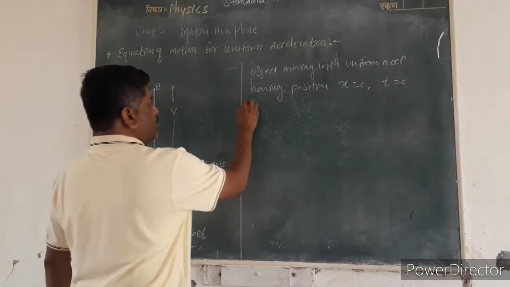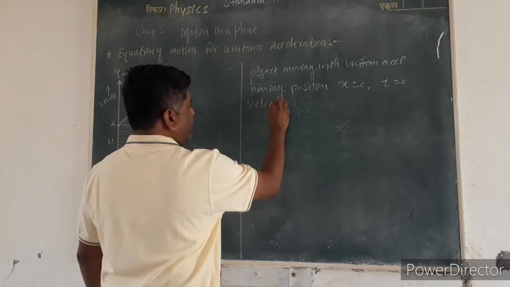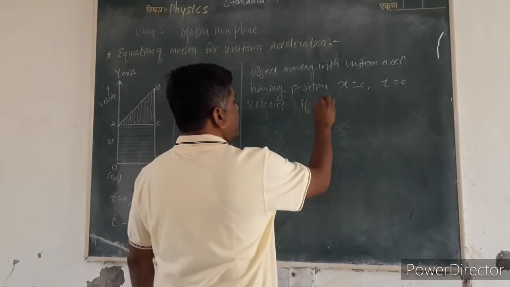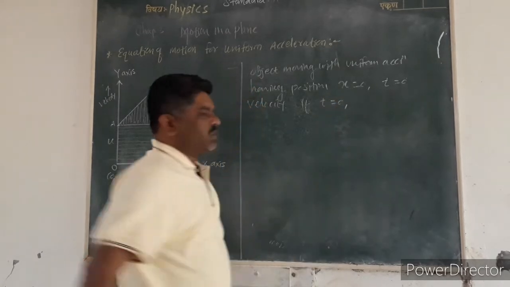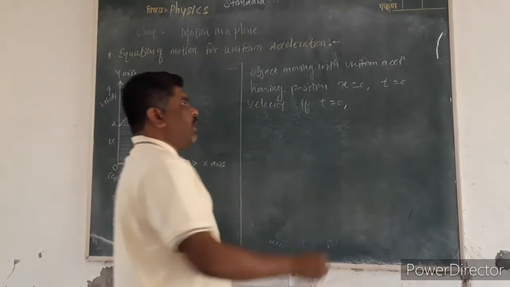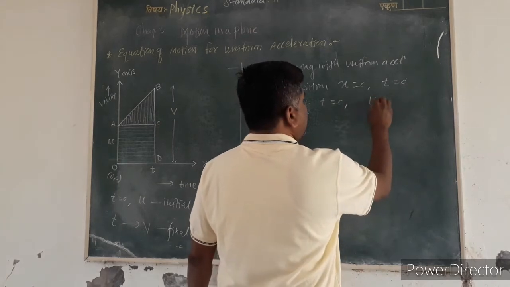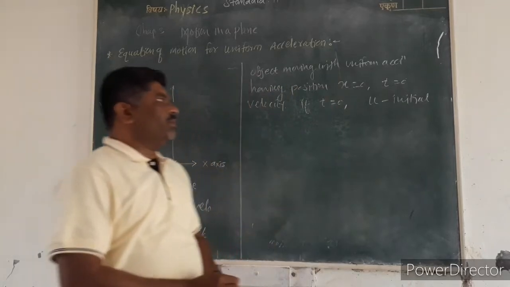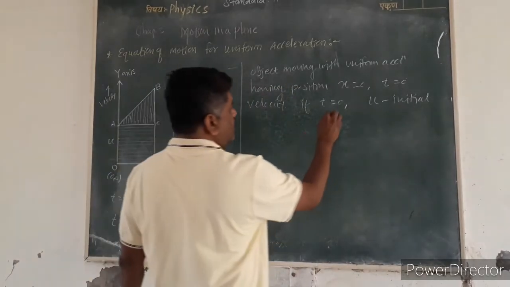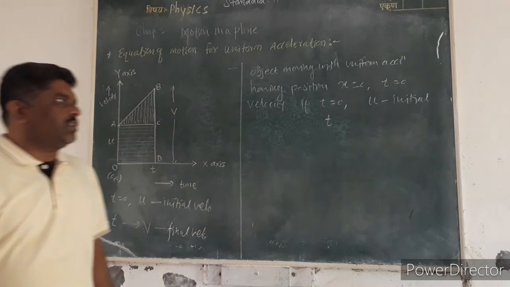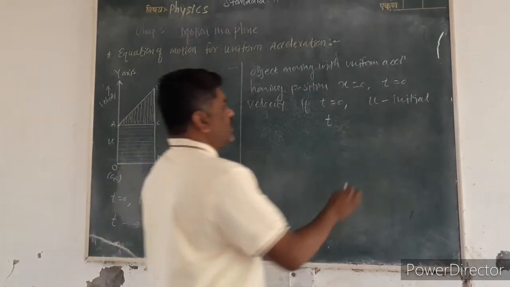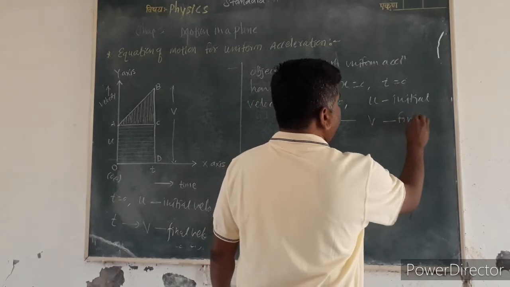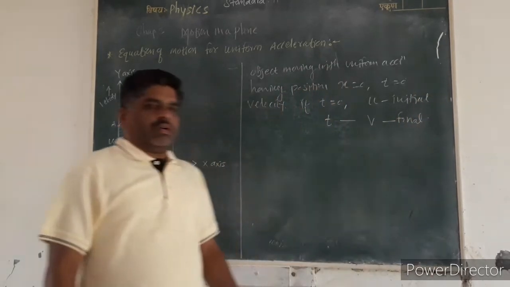In case of velocity, if t is equal to 0, the body attains an initial velocity, that is u. If time increases from 0 to t, its velocity also increases from u to v, called the final velocity.